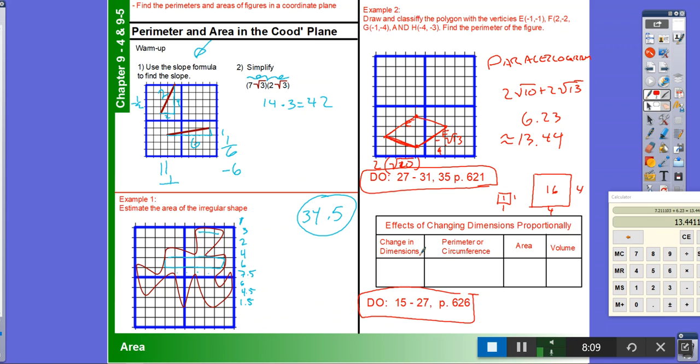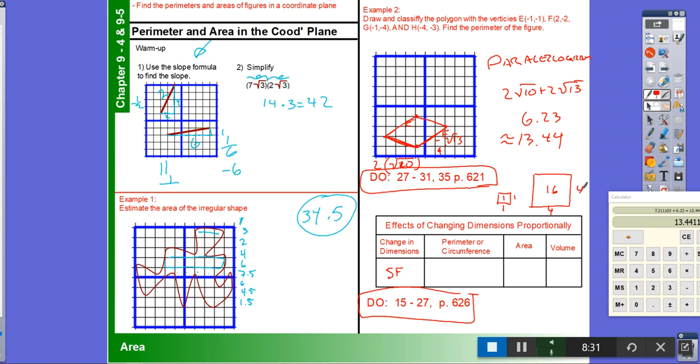So the effects of changing the dimensions proportionally, that is applying a scale factor. The change in dimensions will be the scale factor. In other words, if I multiply 1 by the scale factor of 4, I get 4. 1 times 4 is 4.